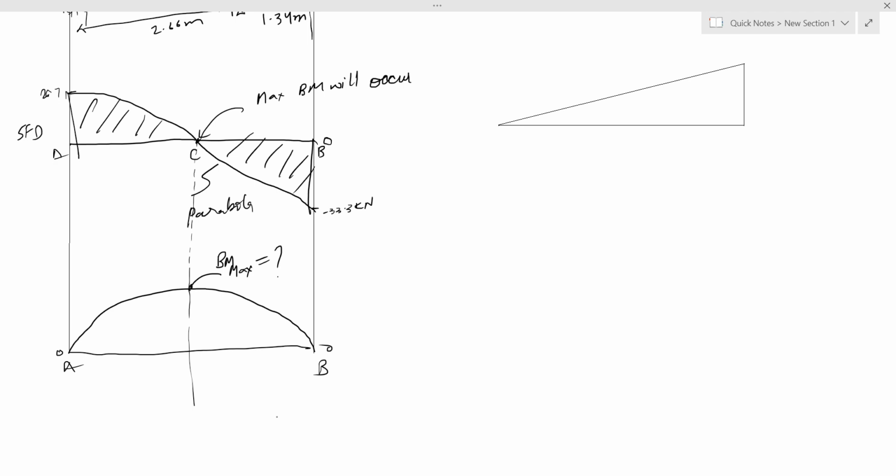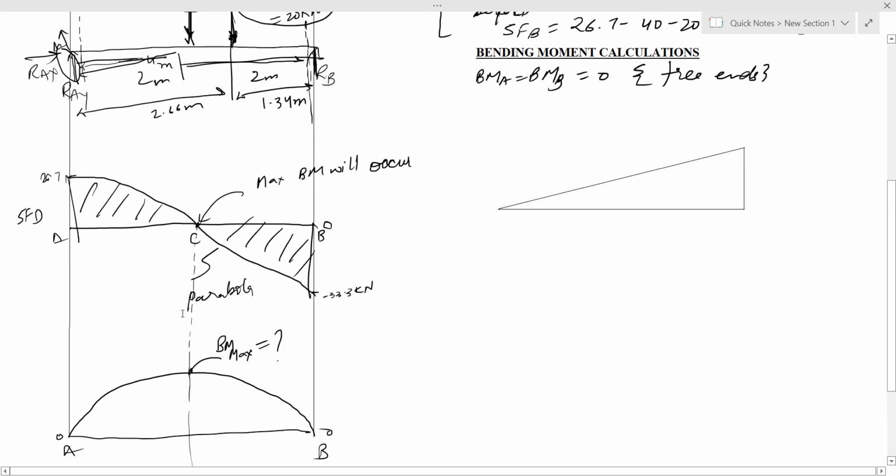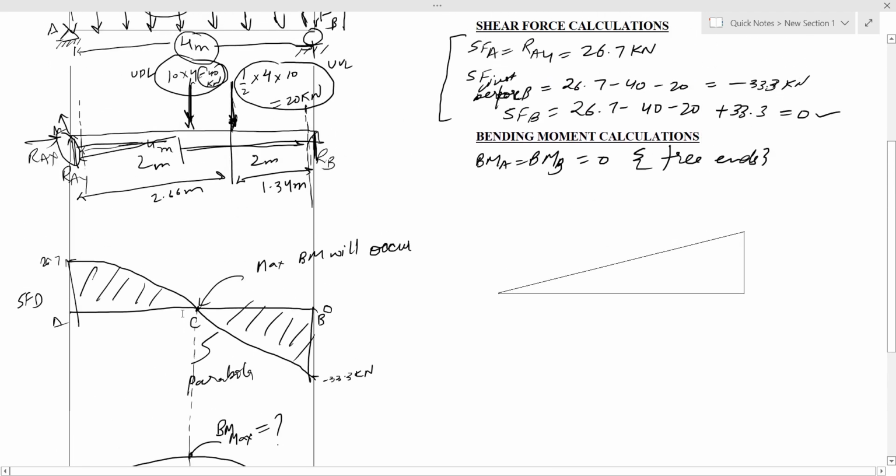To find this value, first we have to find the intensity of UVL at this point C for maximum bending moment calculation. So we will cut this point like this and mark this point as C. The total span is 4 meters.